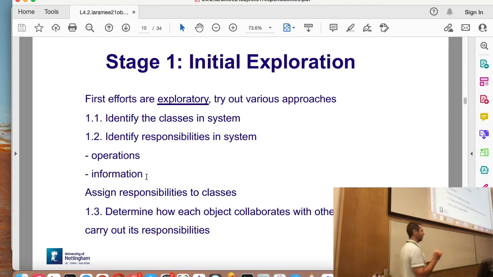I'm not making a careful distinction there. So when you see information, you can think data. When you think data, you can think member variables. For example, they should be private, generally speaking, in your favorite programming language. And then we assign responsibilities to classes. So determine how each object collaborates with the other objects to carry out its responsibilities.